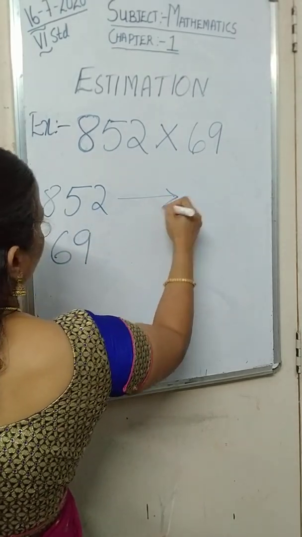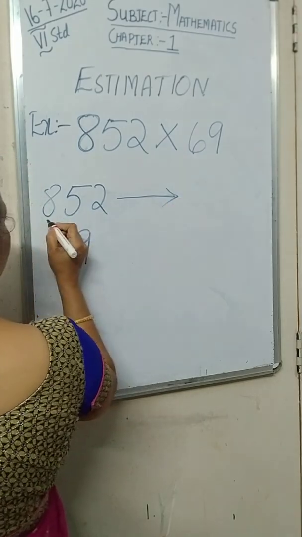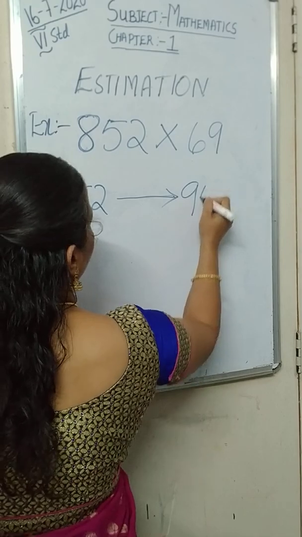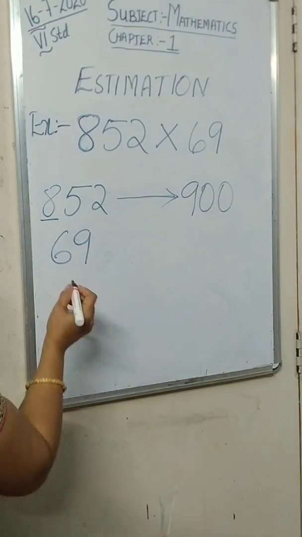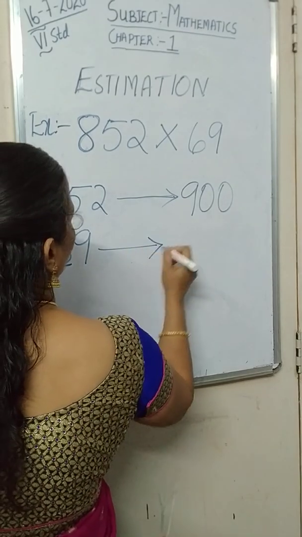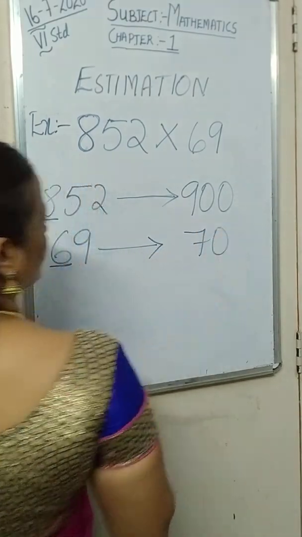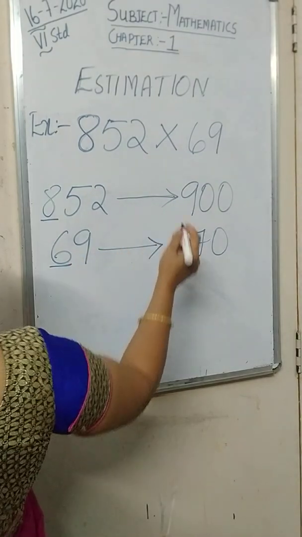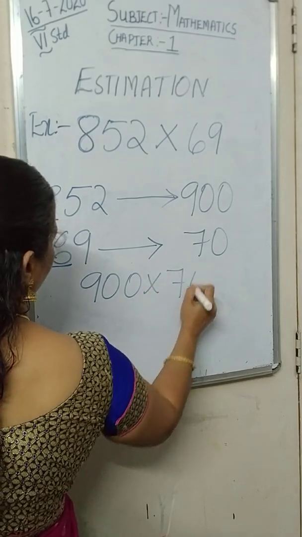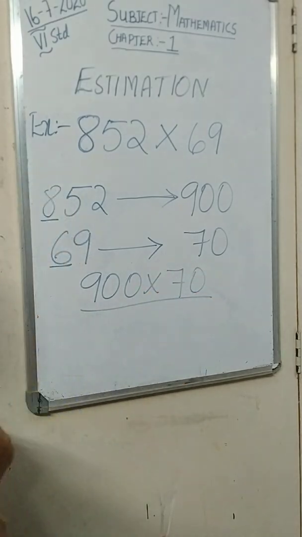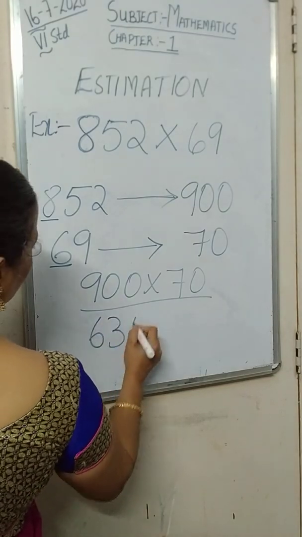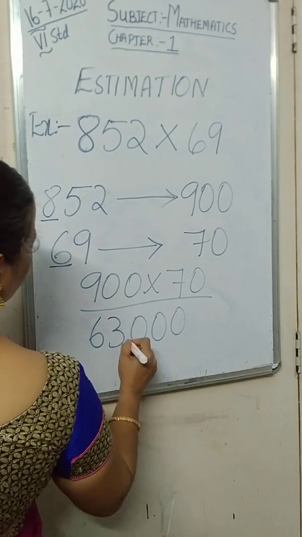When 852 is estimated to its greatest place value, that is 8, we get the number as 900. And here the greatest place value is 6. It is estimated to 70. So, now let us multiply this 900 into 70. Can you guess what is the number? Yes, it is 63,000.